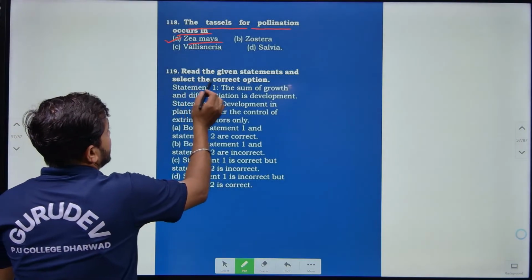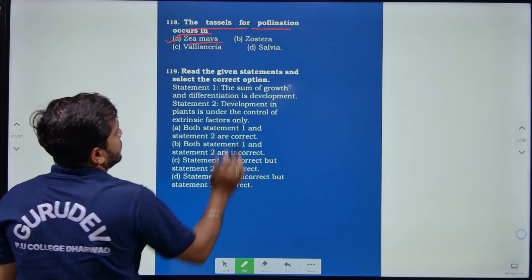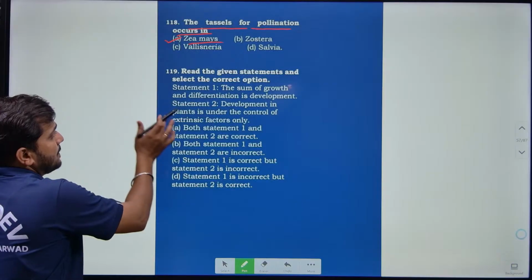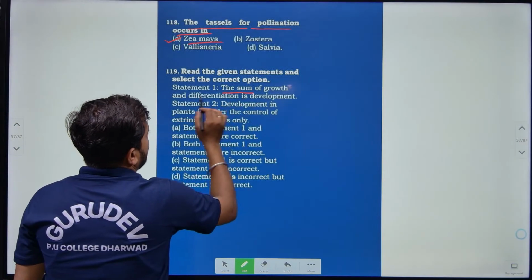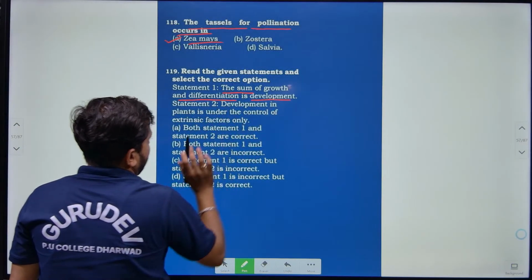Then next question: read the given statements and select the correct option. The first statement says the sum of growth and differentiation is development, right?